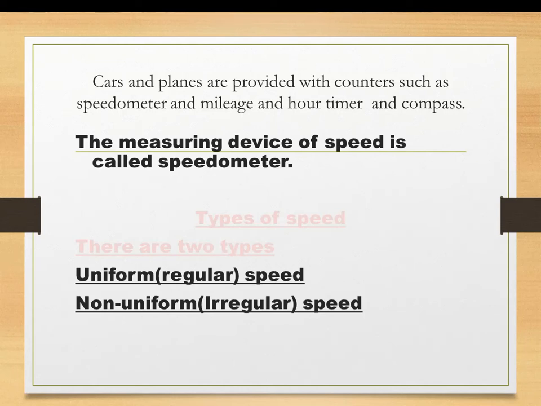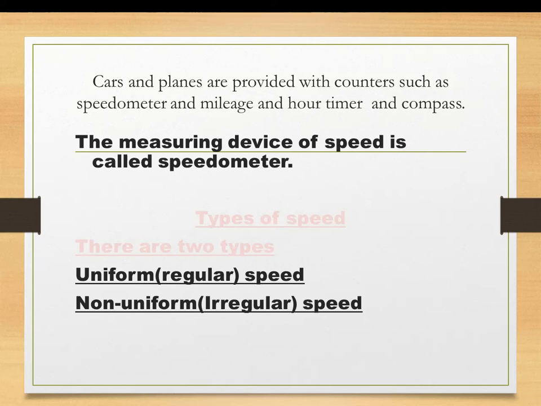Give reason. I will say to identify or to know the speed of the car. Another question: what is the use of the speedometer? It is used to identify the speed of the car.